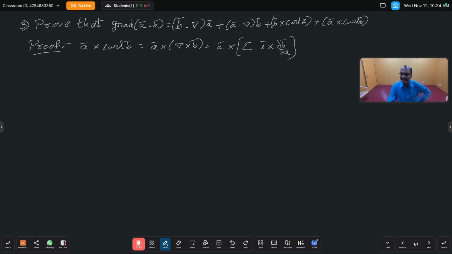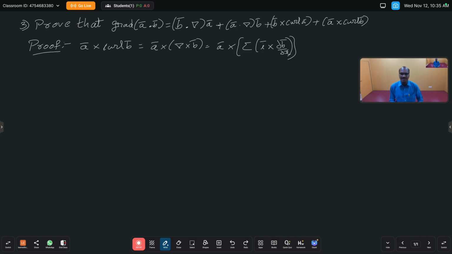As we discussed earlier, how to write del as a summation: wherever del is available, we keep I bar and the post factor gets dou by dou x. Now if you expand the summation, we get I bar cross dou b bar by dou x plus j bar cross dou b bar by dou y plus k bar cross dou b bar by dou z. All three terms have a bar cross in common.